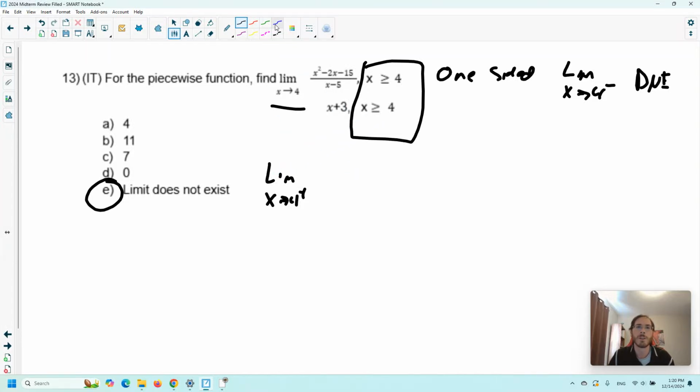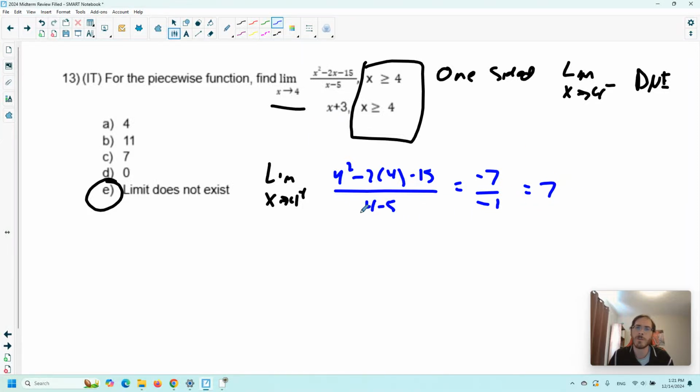If we plug 4 in, we get 4 squared minus 2 times 4 minus 15 over 4 minus 5. So let's see, 4 squared is 16, minus 15 is 1. 1 minus 8 is negative 7 over negative 1 equals 7.